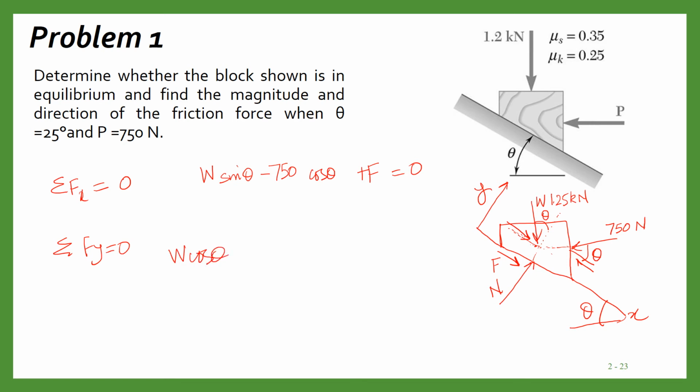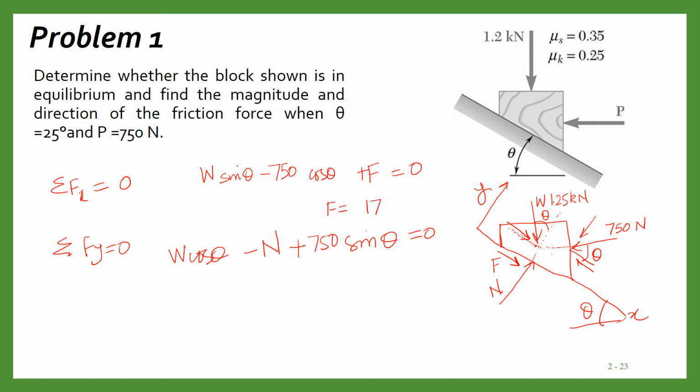And similarly in the y direction we will be having W cos theta, which is downward, minus N, and we have the one component this plus 750 sine theta equals 0.